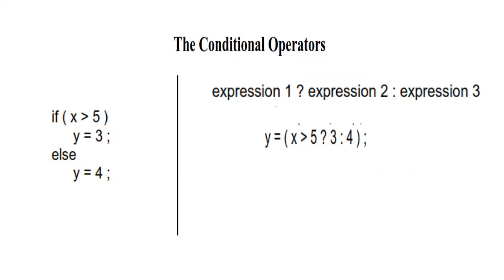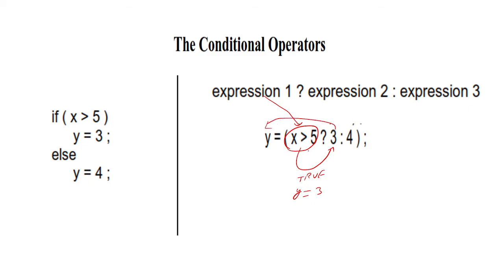So in this expression, this one is x greater than 5. After that, if this condition becomes true, it will assign 3 to y, meaning it will be given to y.